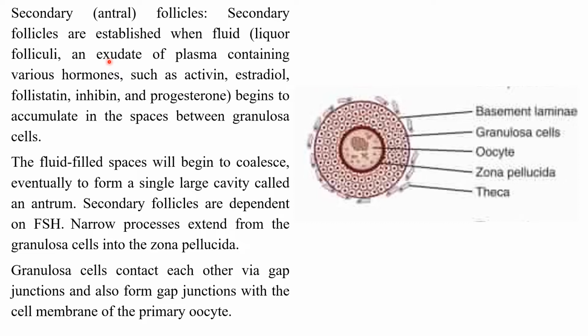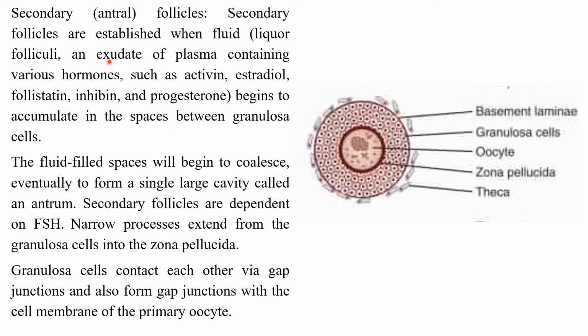Secondary follicles are established when this fluid, an exudate of plasma containing various hormones such as activin, estradiol, follistatin, inhibin, and progesterone, begins to accumulate in the spaces between granulosa cells. The fluid-filled spaces begin to coalesce and eventually form a single large cavity called the antrum.